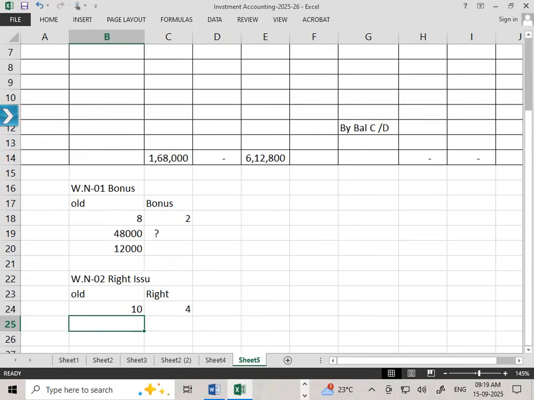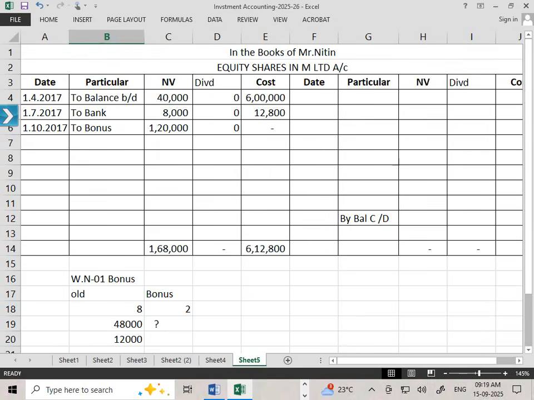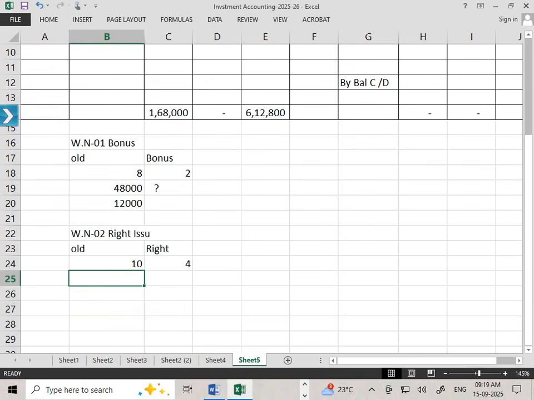So on 1st January, how many shares is Mr. Nitin holding? 4,000 opening balance, plus 800, plus 1,200 bonus shares. So how many shares? 6,000, including bonus shares also.